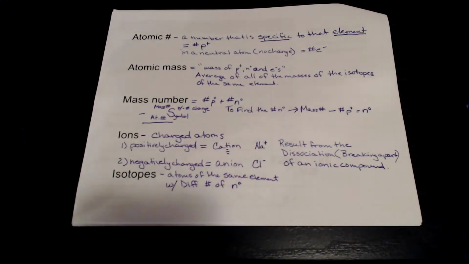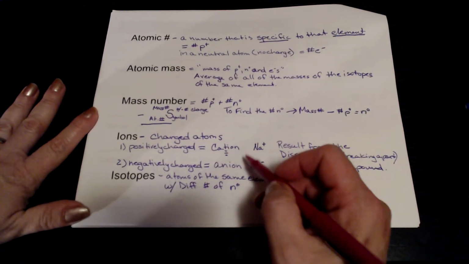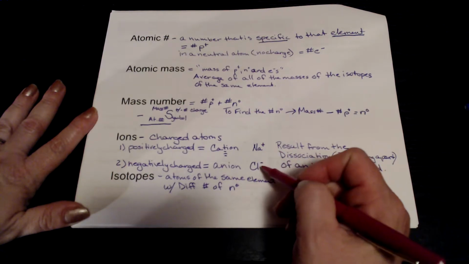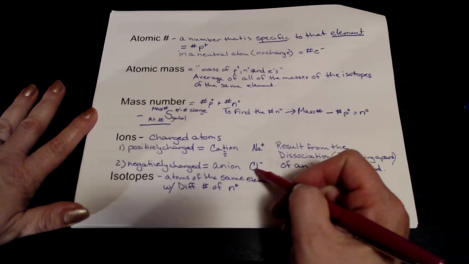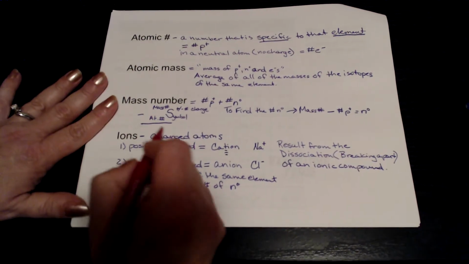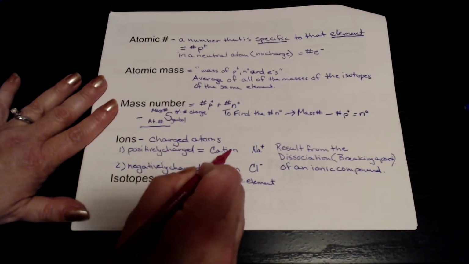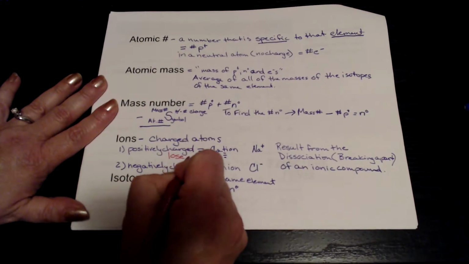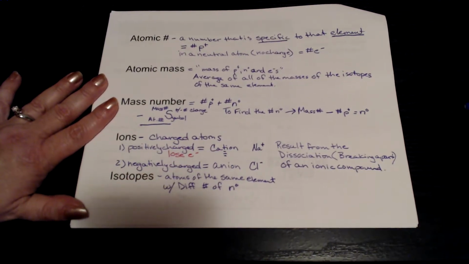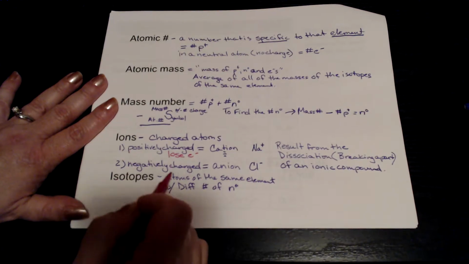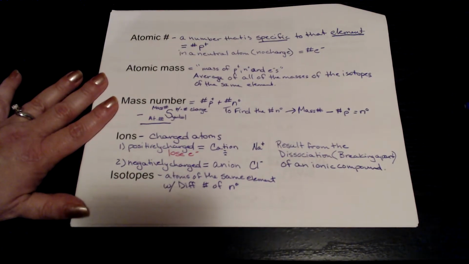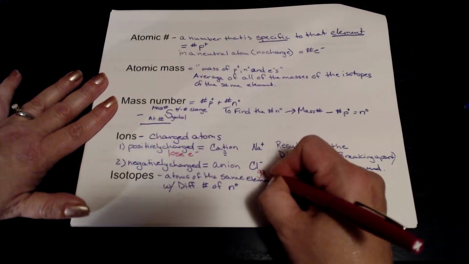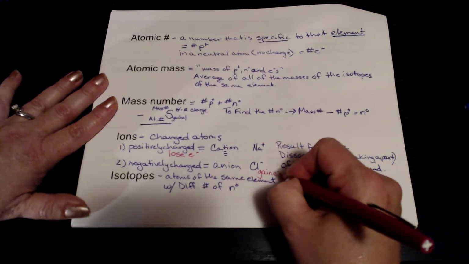How do I get a positive ion versus a negative ion? We didn't define here how we do this, and we better do that. So in a positively charged cation, I'm going to lose electrons. And in a negatively charged anion, I'm going to gain electrons.